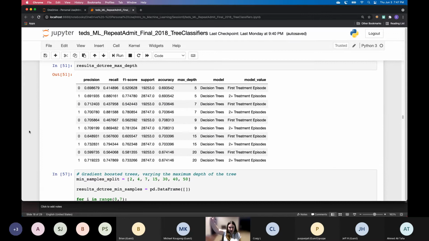Remember, our base model is 0.64 before we cut it off. Cutting it off at 5, we got a 0.69 accuracy. 7, 0.70, 9, 0.708. Then it starts going down. You'll see this bell curve a lot. You'll see accuracy be really low at the bottom end of your range. It'll rise, it'll hit a peak, and then it'll go back down.